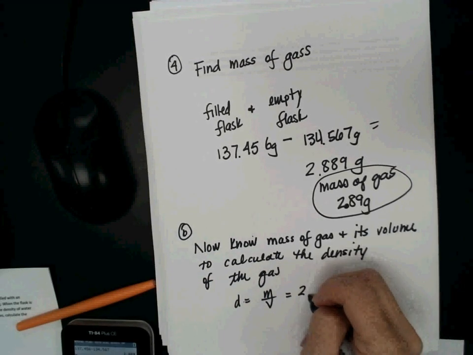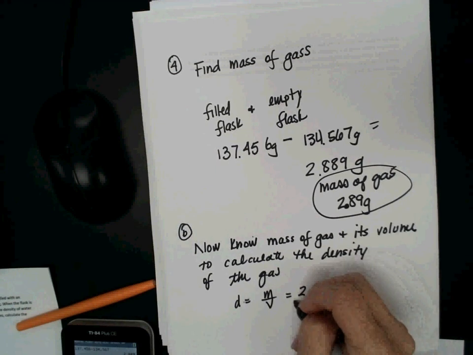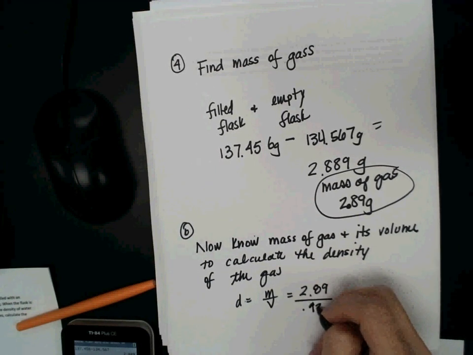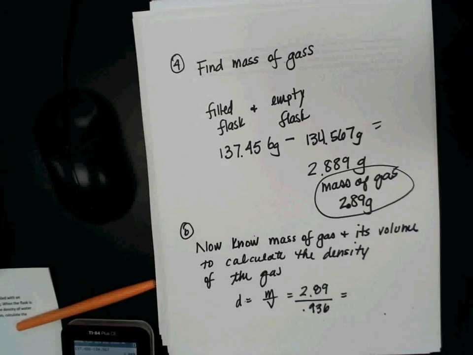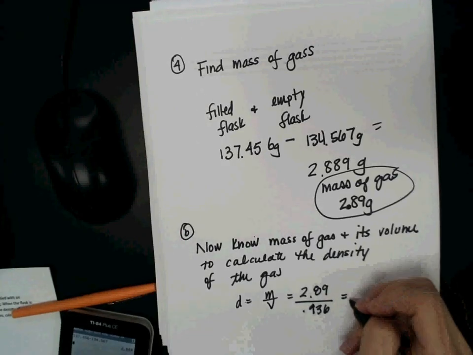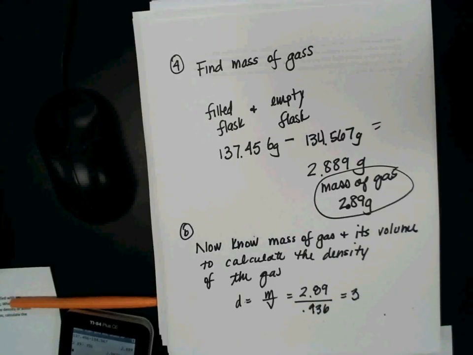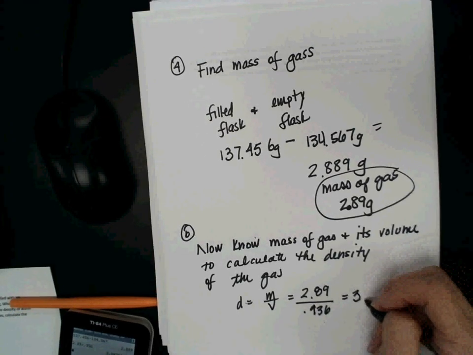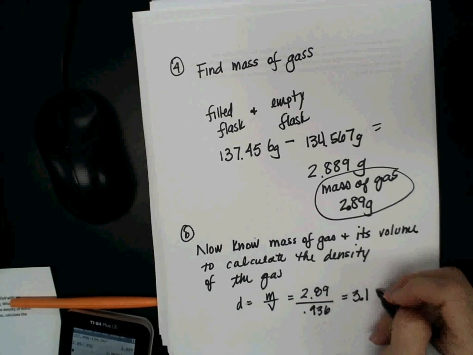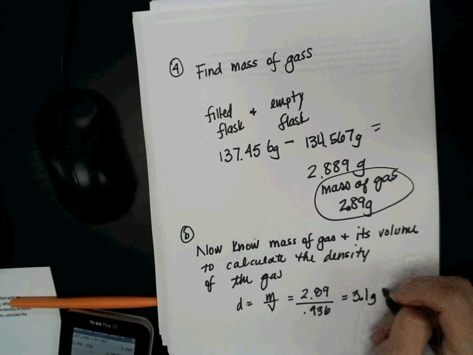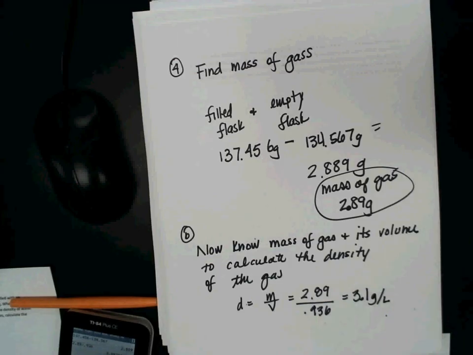So we've got D equals M over V. So that is equal to 2.89 divided by 0.936, which is 3 point something. I'm going to call it 3.1. And that is grams per liter.